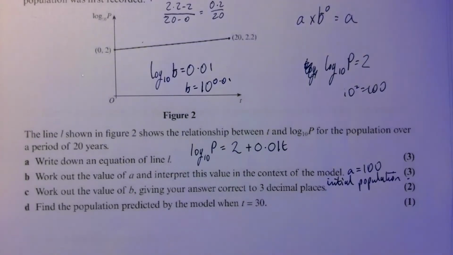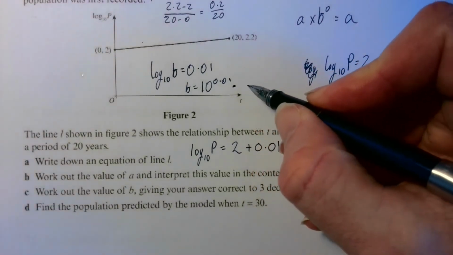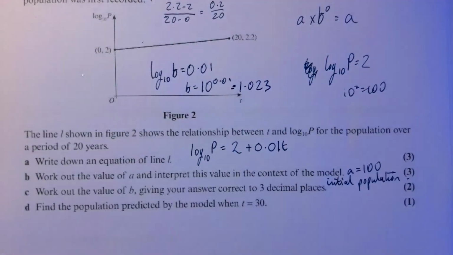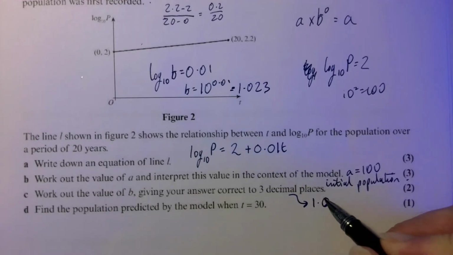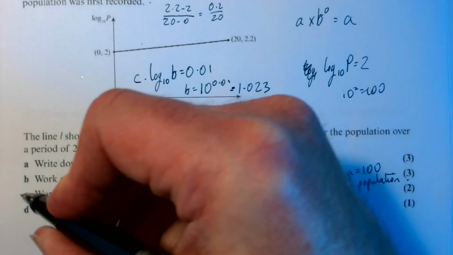So whack that into your calculator and you should get 1.023. There's a load more decimal points, but that's to 3 decimal places. So that is 1.023. So that's part c.